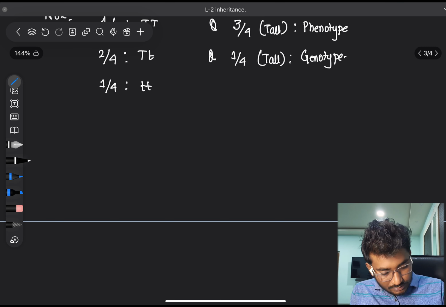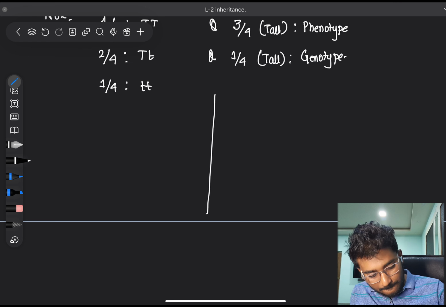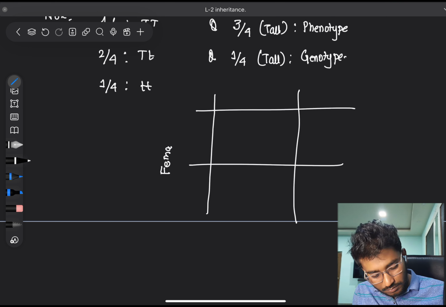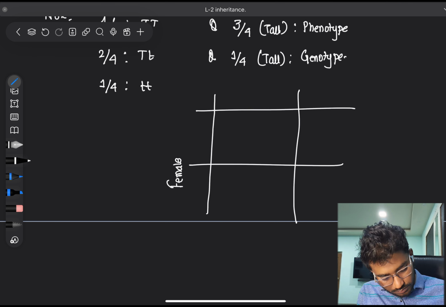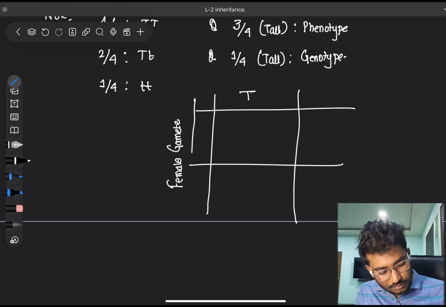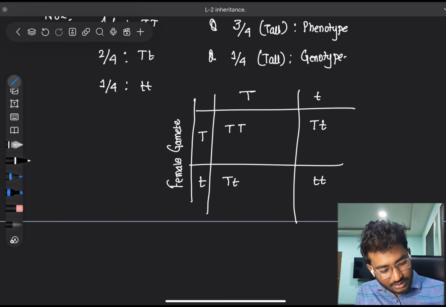Okay. Now female gamete. So I am drawing a Punnett square. Female gamete, and here I'm drawing again capital T, small t. TT, Tt, Tt, tt. Okay.